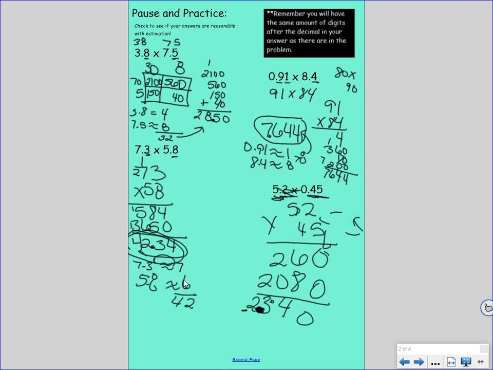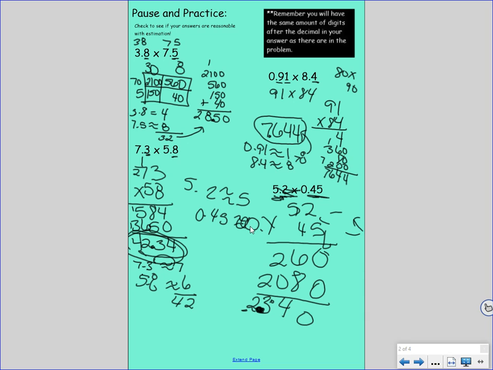If we were to estimate, let's see. I have no idea where my pen's at. Here it is. 5 and 2 tenths estimates to 5. And 0 and 45 hundredths. Man, that's super close to 1. But it would actually round to 0, right?